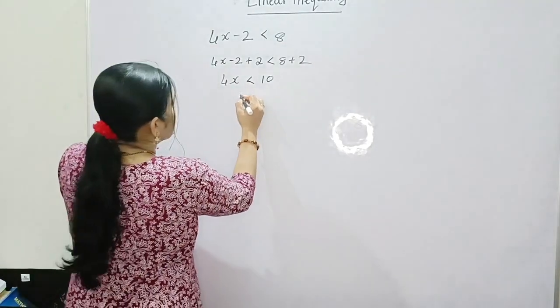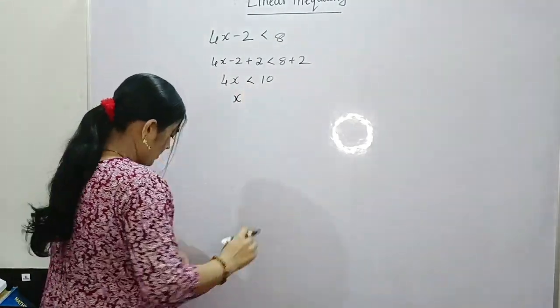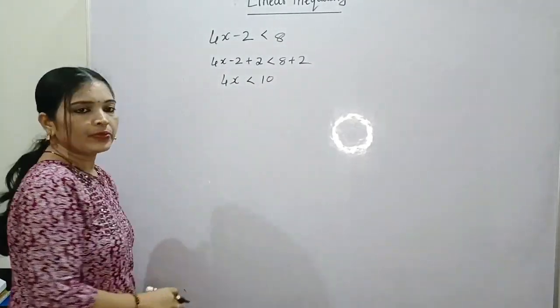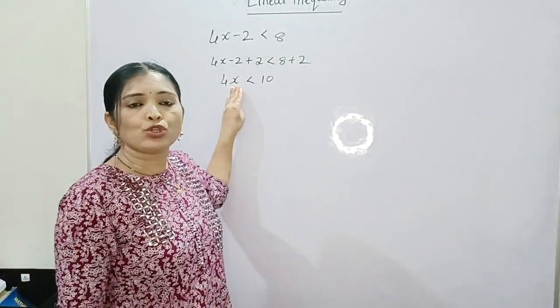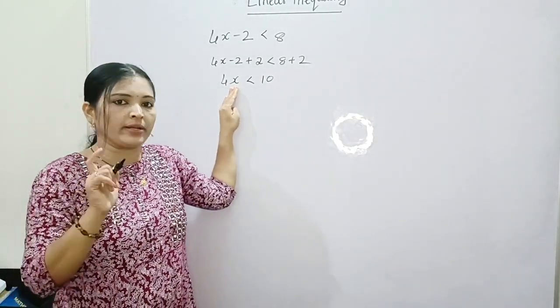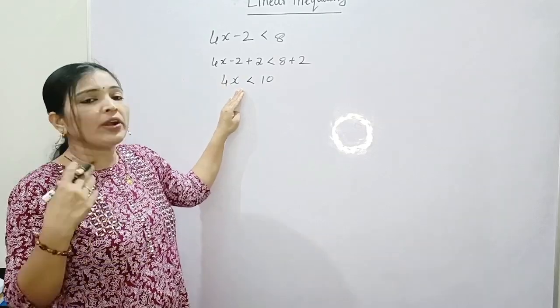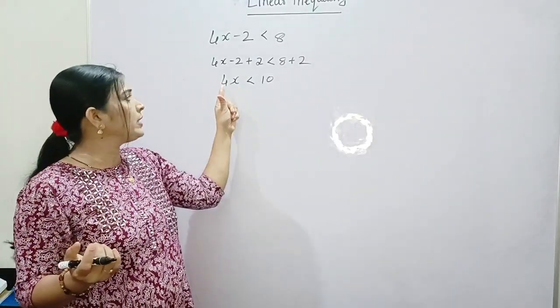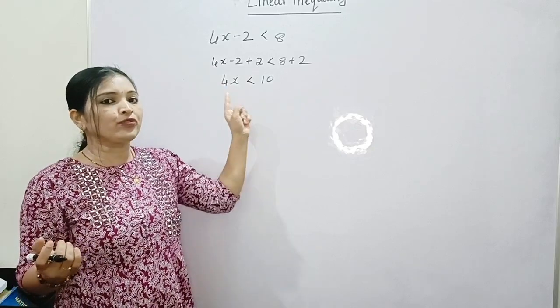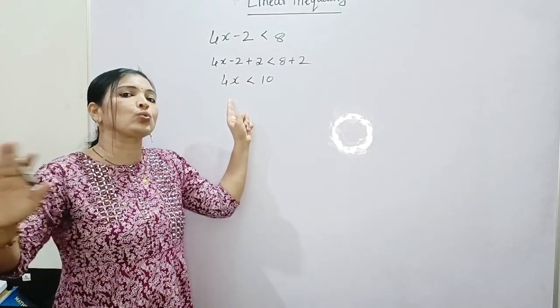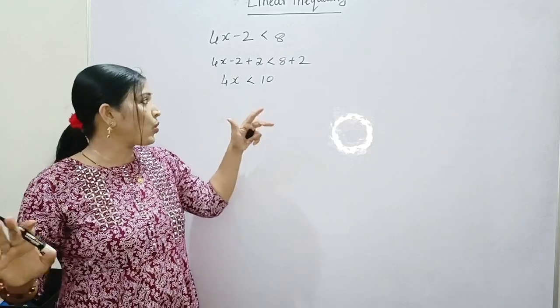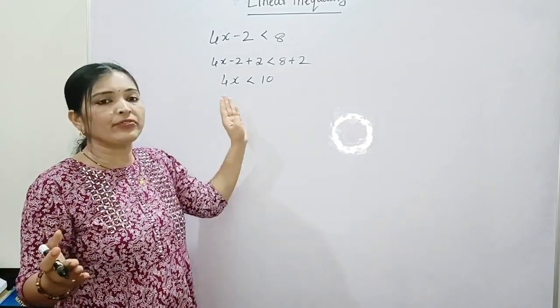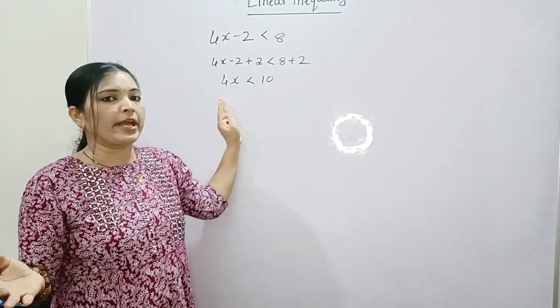Now here we have to make the coefficient of x 1, right? So for that, what we have to do? We have to divide. Here 4x, to cancel 4, we have to divide throughout by 4, that is, divide by 4 on both sides.